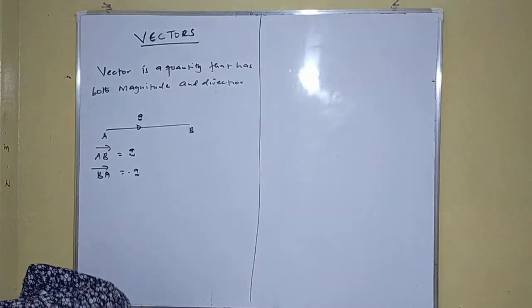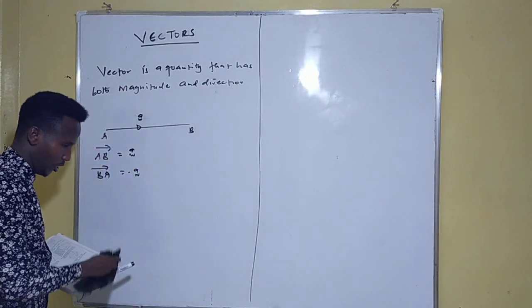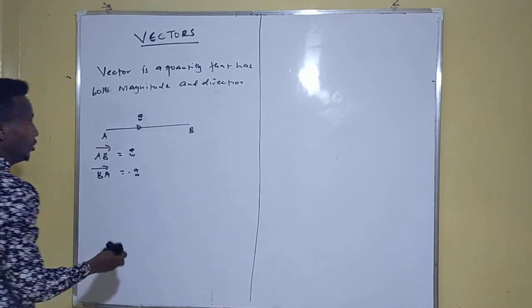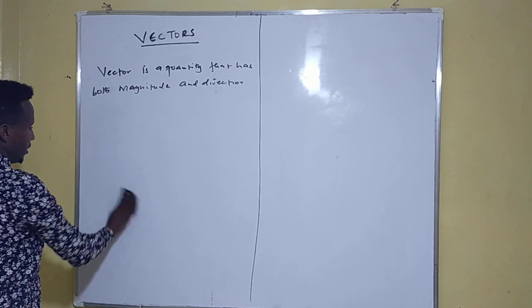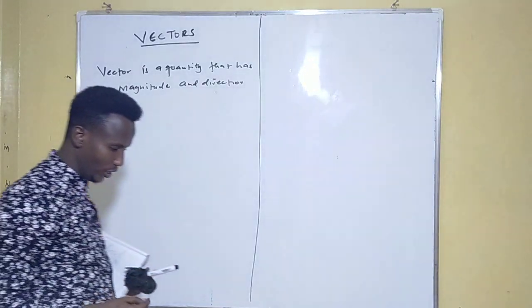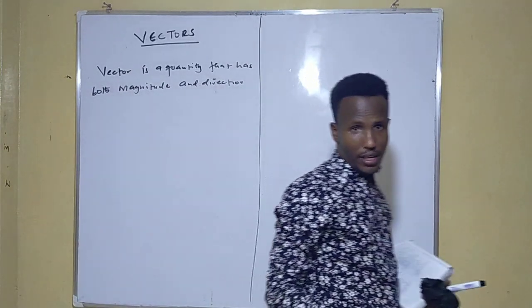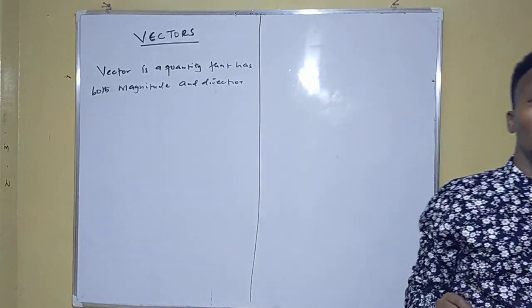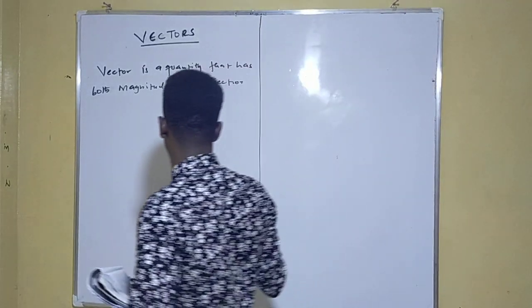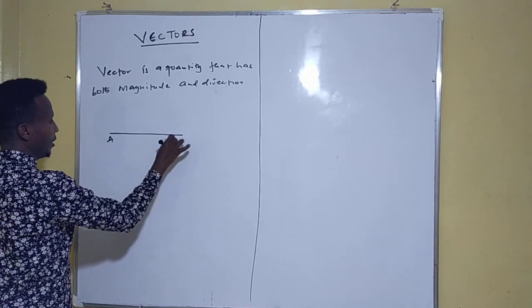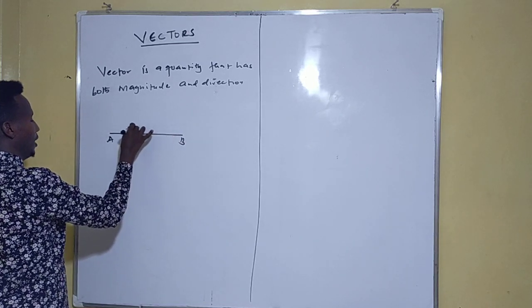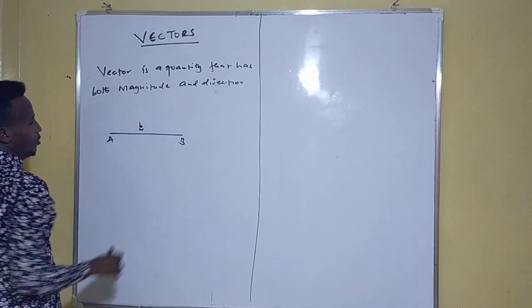Okay, after knowing the definition of vector, we are going to see other concepts. Like, what if the vector has got only magnitude? A vector with magnitude only, like this one, A, B. Then let's say this is vector B, okay?